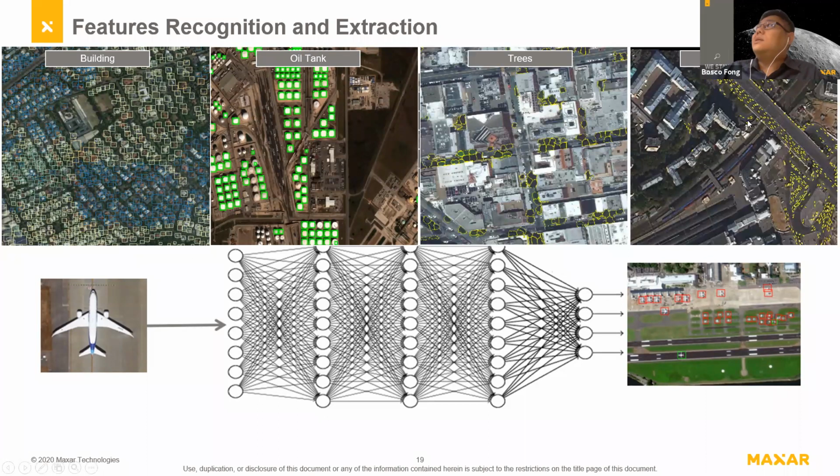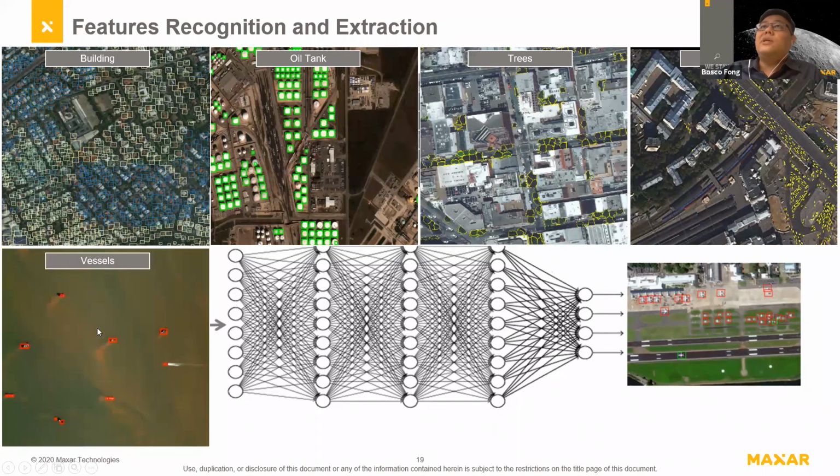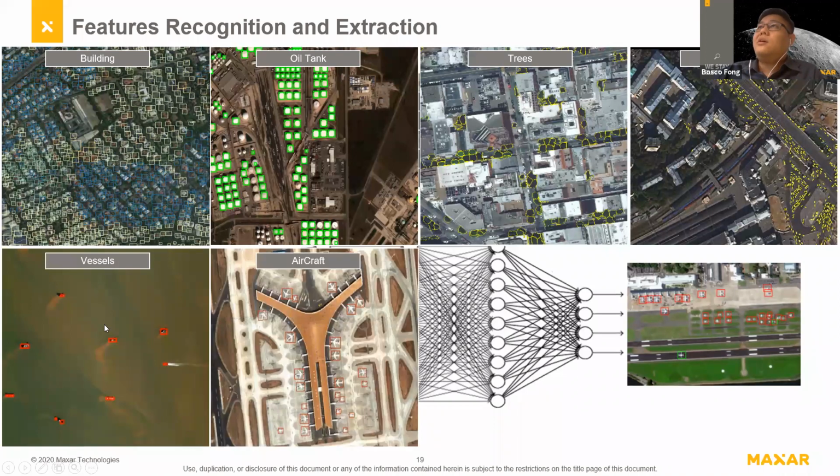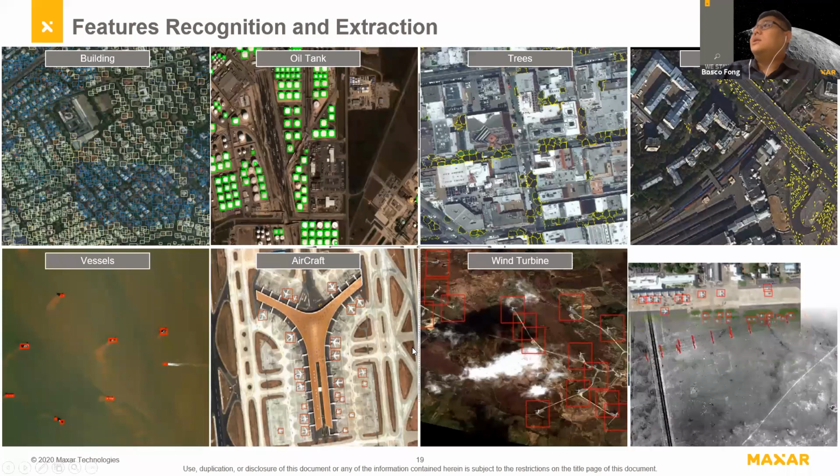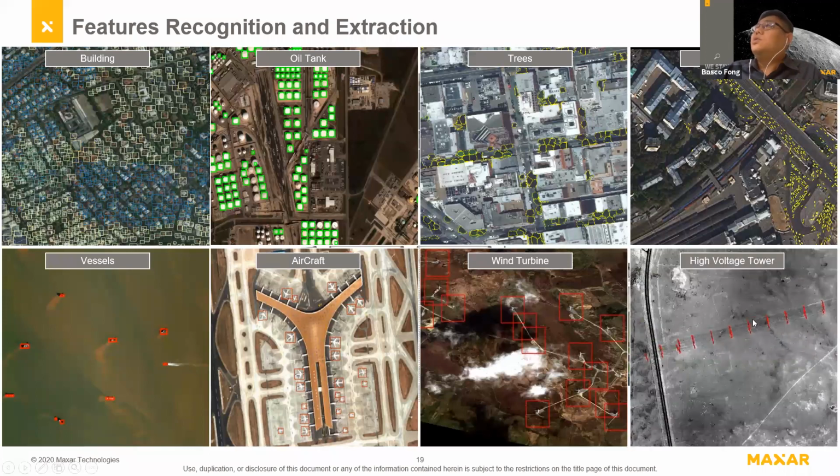The next one is car counting. This is for vessel detection, aircraft detection. This is the wind turbine and also the high voltage tower detection. So this is mainly for object recognition and detection, using AI and machine learning technology. These are only part of it. There are more similar use cases.